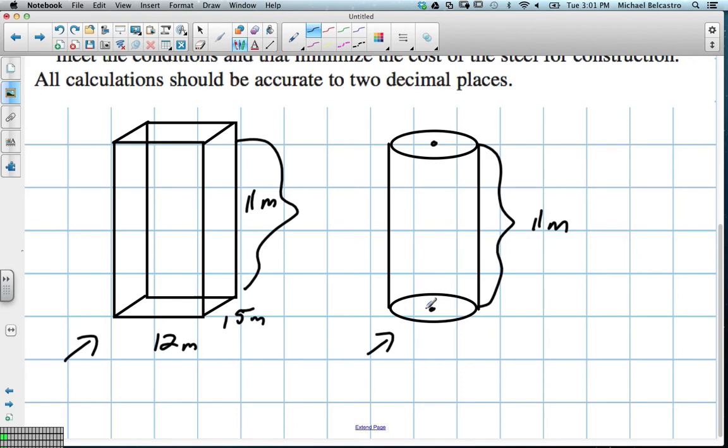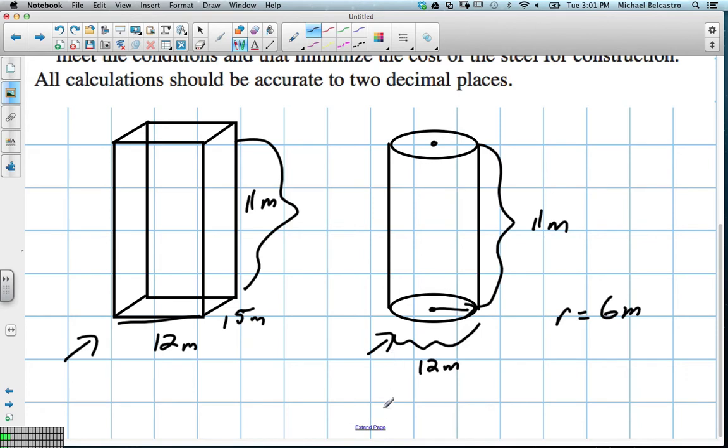Because the circle's radius is constant, the diameter of this circle at max can be 12 meters, right? That way it fits across here. It'll have room to go back and forth there, but it won't be able to get any wider without hitting the walls, which means our radius is half of that. So our radius is 6 meters in length. So we can definitely make something of this size. We can fit it into here, okay?